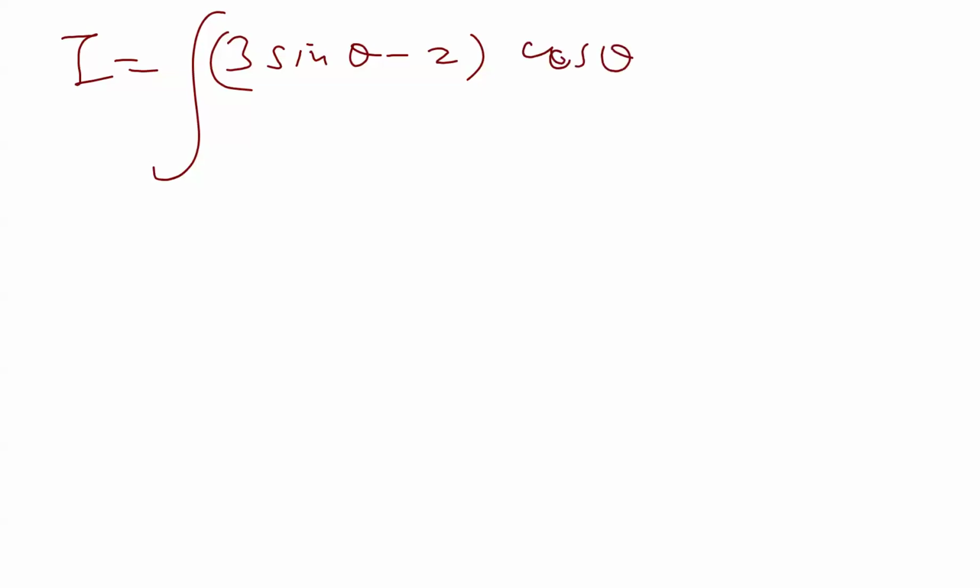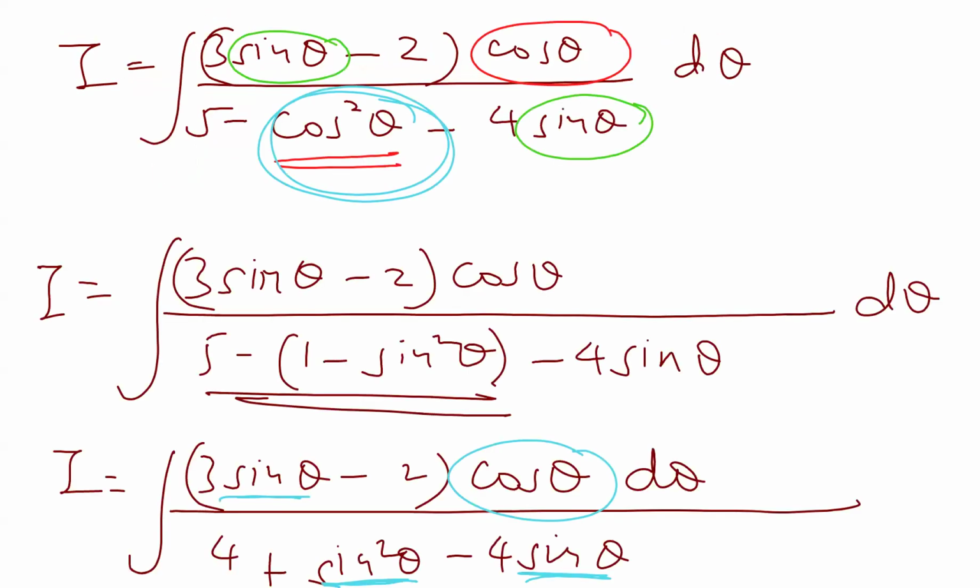I is equal to (3 sine theta minus 2) cos theta d theta upon sine square theta minus 4 sine theta plus 4.